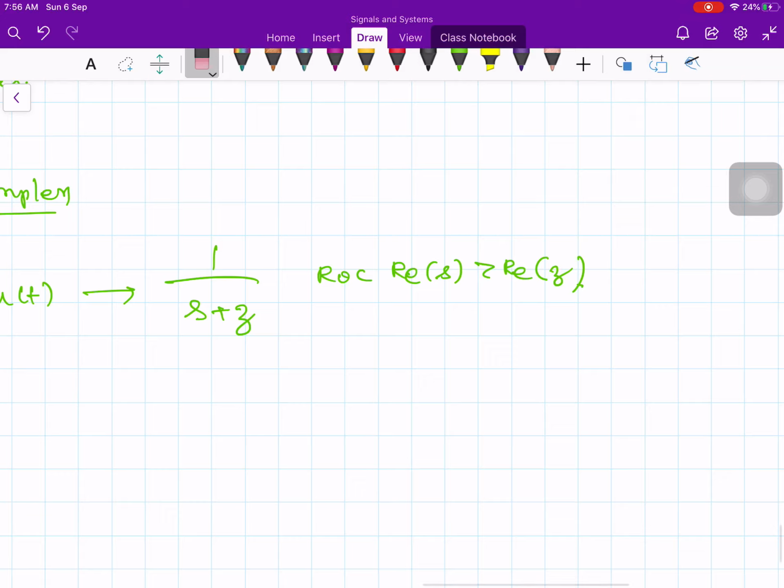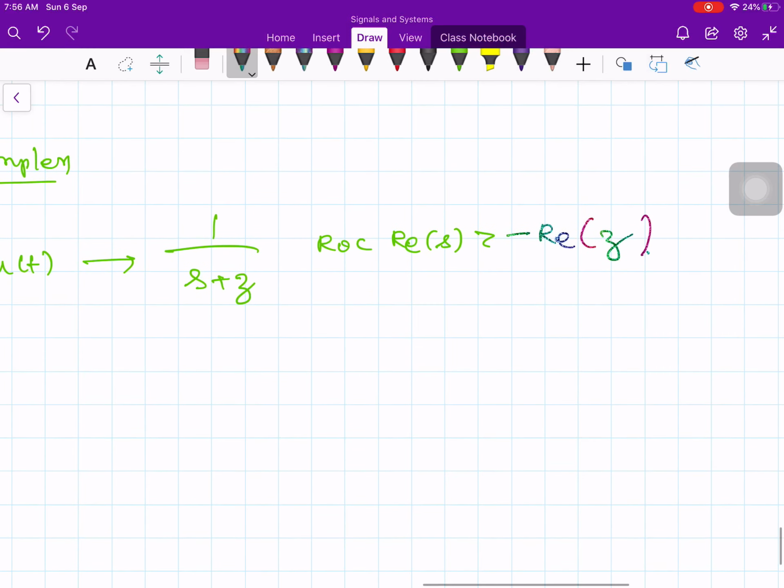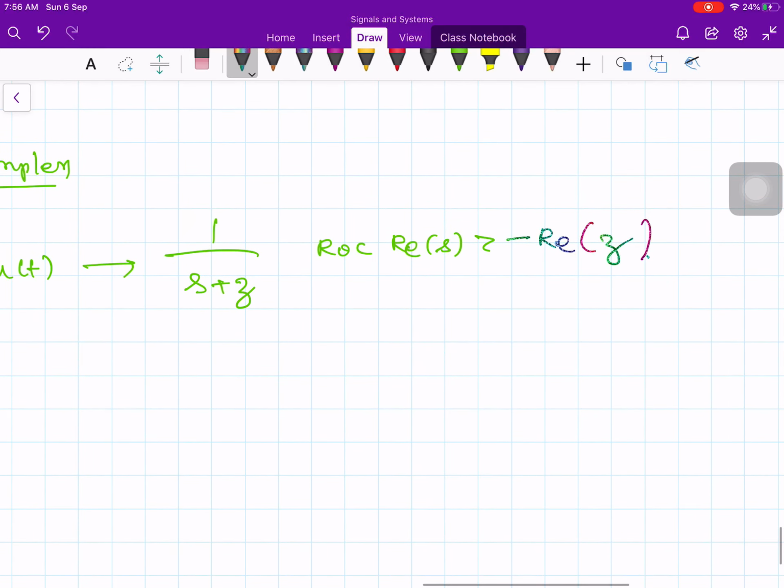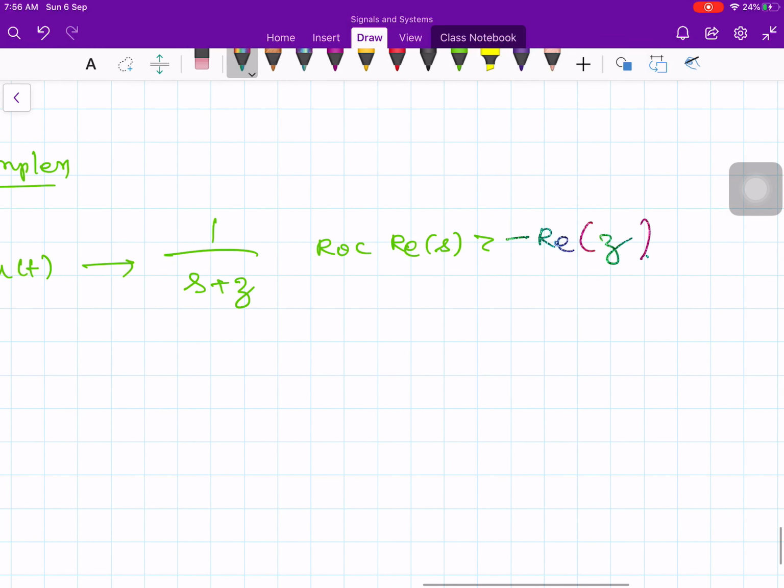So alpha need not be real, it can be a complex number also. Even if it is complex, the same relation is valid, but only the ROC changes.